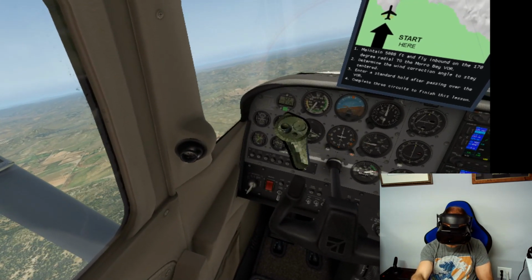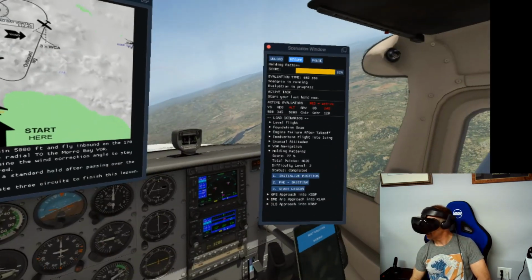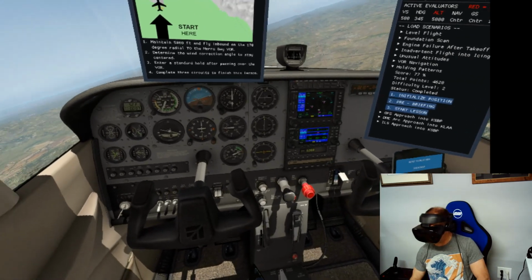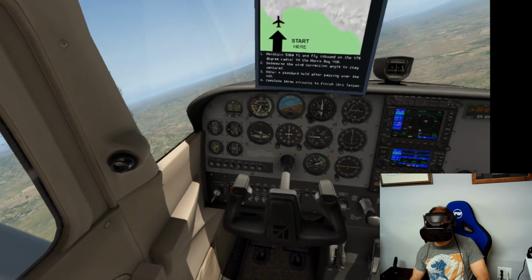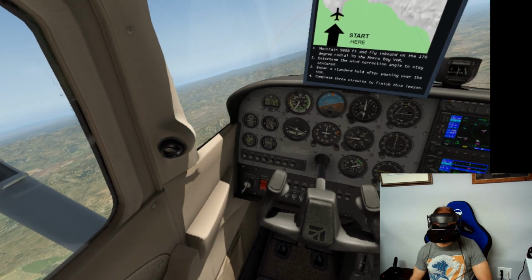control of the aircraft. All right, so I'm going around a second time here. Didn't like that because I was a little bit off, the CDI needle was deflected there.